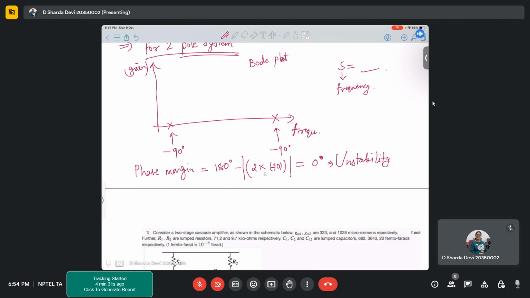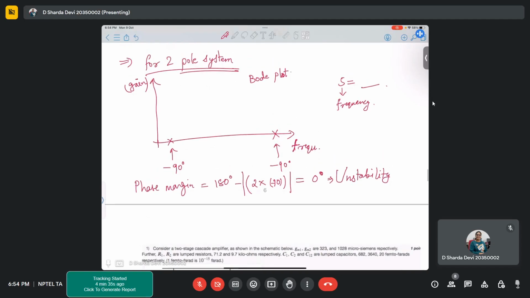There might be some chances that they are not stable, but otherwise they can be stable. So this is the worst case, when these two poles give you an actual phase shift of 180 degrees. Now beyond this, if you go for a three-pole system, then definitely you can get an instability point.